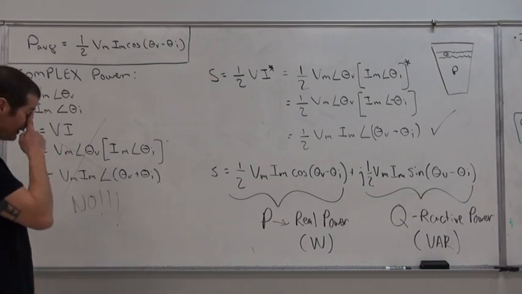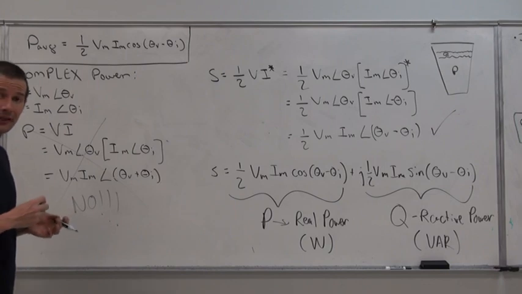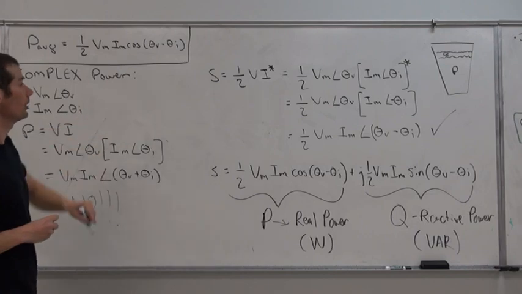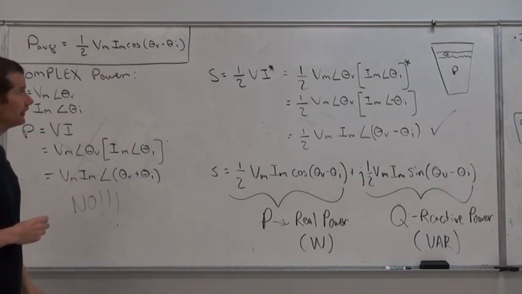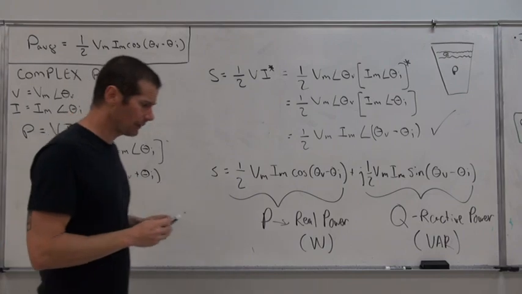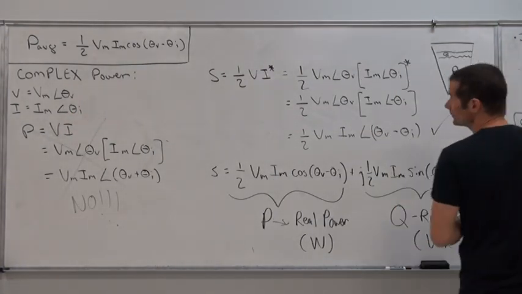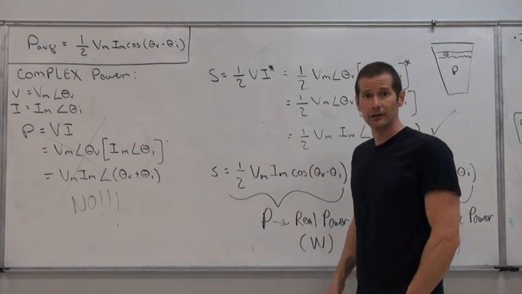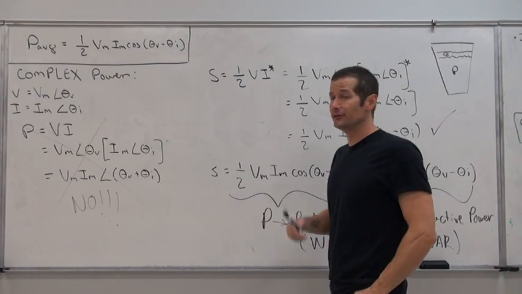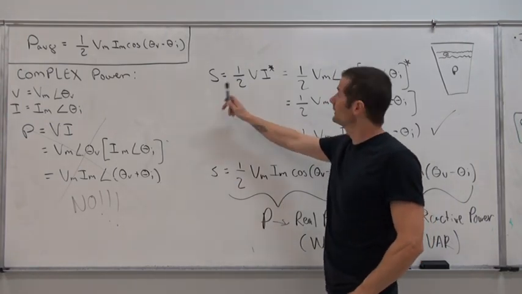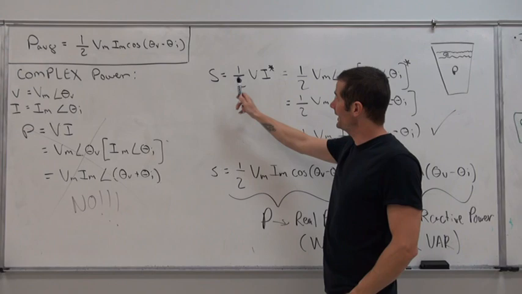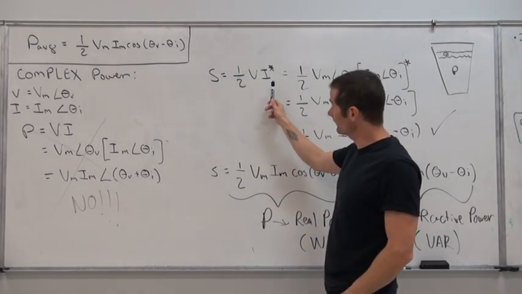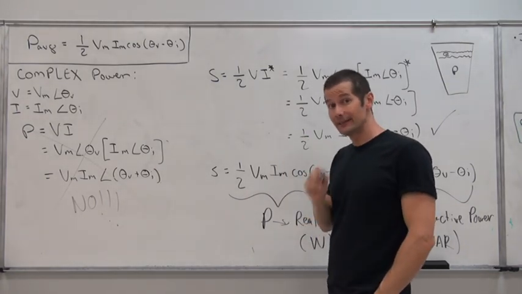Not at all. So how can we develop an equation that appropriately maps back to this form, 1/2 Vm Im cosine(theta v minus theta I)? Well, here's where we introduce a couple of new terms. Instead of having V times I, complex power, which we now denote as S, is equal to 1/2 V times I conjugate, in which we take the phase angle of the current and negate it.